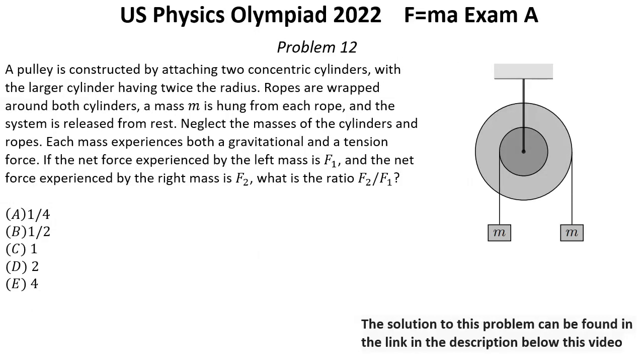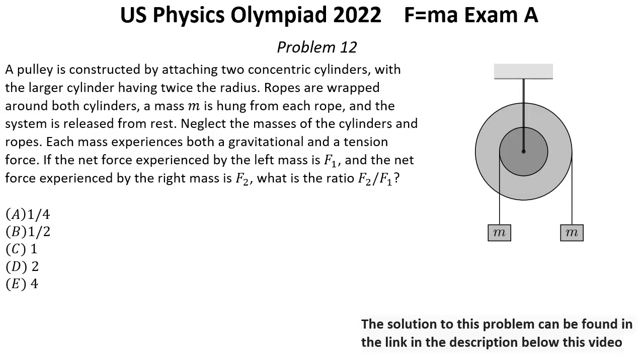Problem number 12. A pulley is constructed by attaching two concentric cylinders with the larger cylinder having twice the radius. Ropes are wrapped around both cylinders. Mass m is hung from each rope and the system is released from rest.